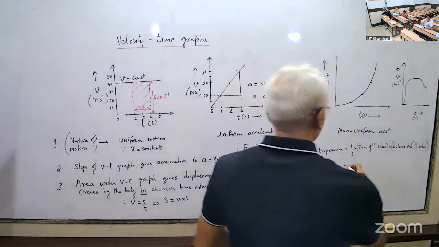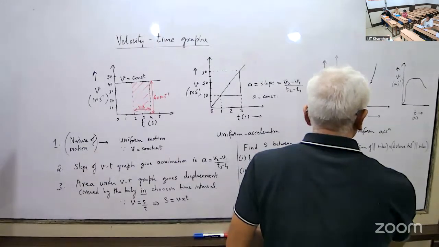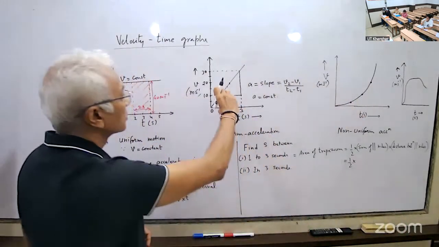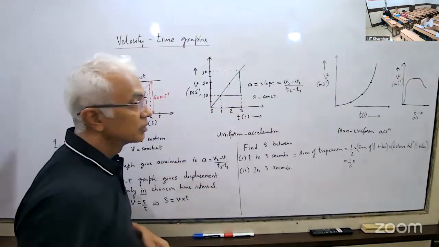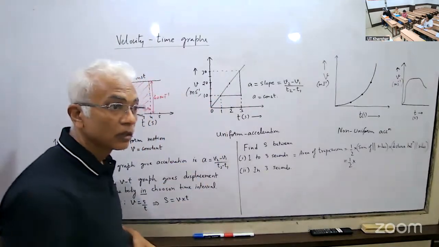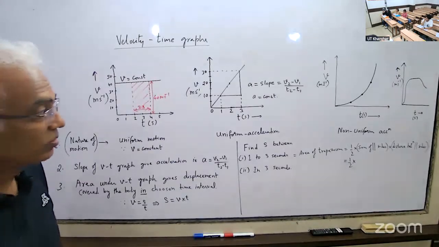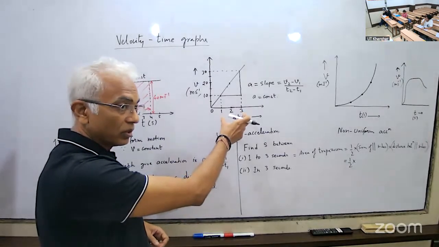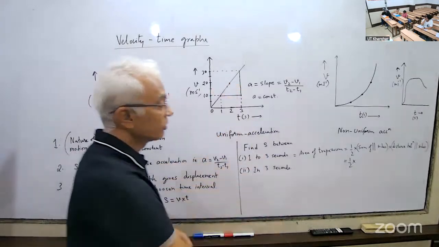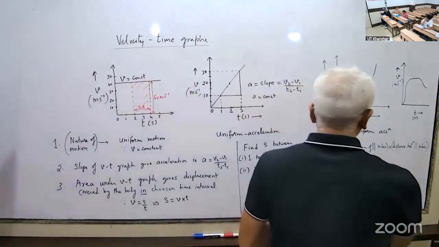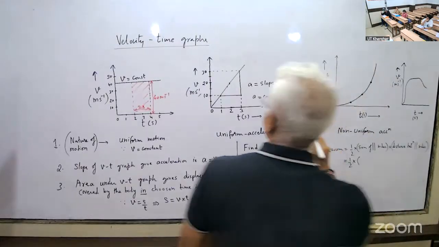Sum of parallel sides: 10 plus 30. So how much is this? Half. The distance between the parallel sides is 2 seconds, because it gives the time. V into T, so this is velocity. Then 40 into 2. So what is velocity here?